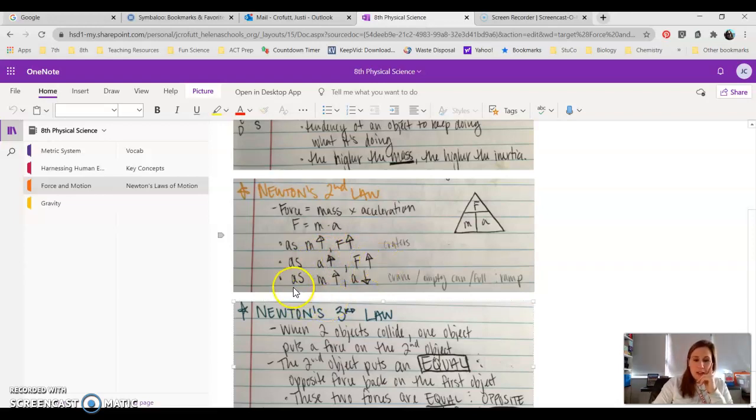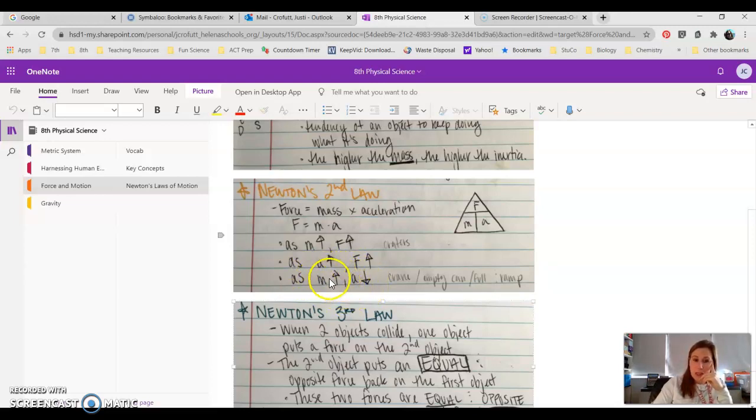Finally, we have as mass increases, acceleration decreases. So we can look at this one with the crane, for instance. With the softball crane, you dropped it from the same height every time. So basically you had the same force hitting a different ball every time. But the heavier the ball got, the less they accelerated.